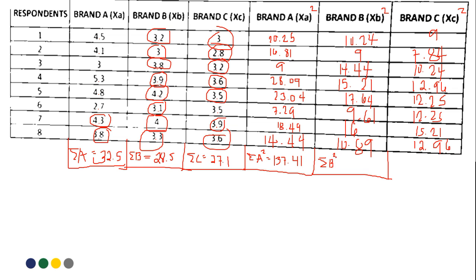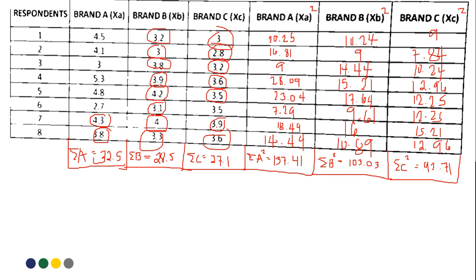Last one, summation ng C squared: 92.71. Palitan ko lang yung to ha, kasi pangit eh. Yung mga manonood ng video lesson.